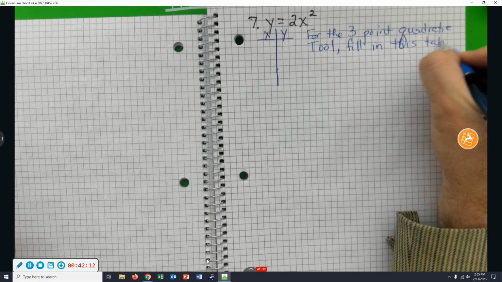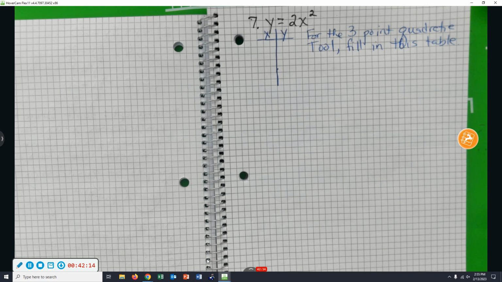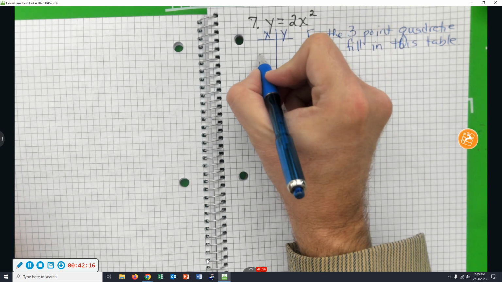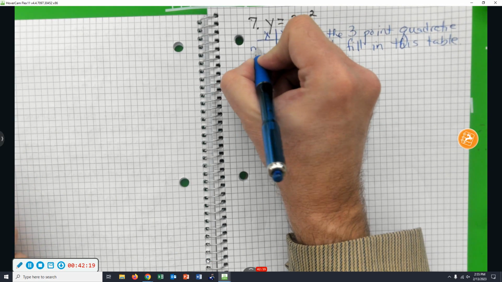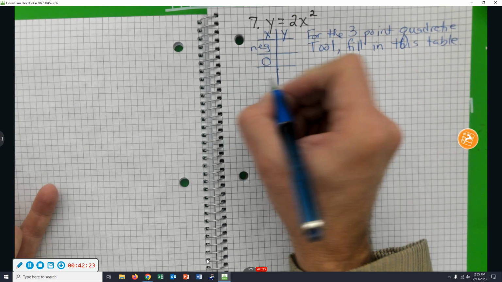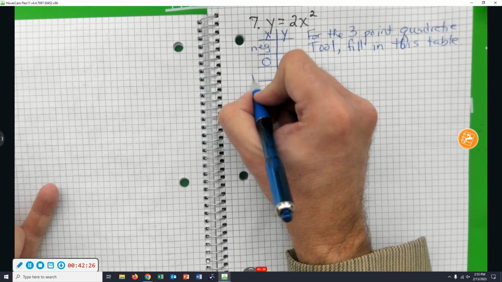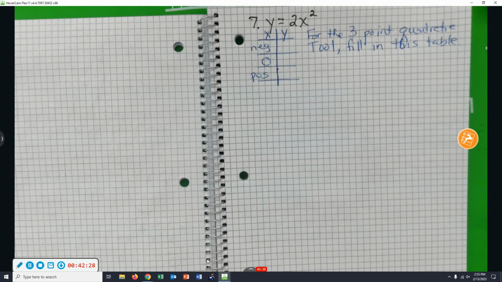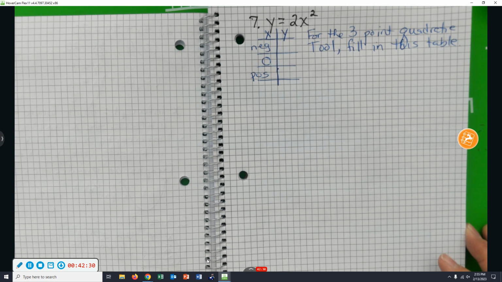It doesn't have to be -2, 0, +2. It could theoretically be plug any negative number you want in for x, then plug in 0, and then plug in a positive number. Now that's theoretically, but again, you got to make sure your numbers aren't so big that they're off the screen. You couldn't plug 1,000,000 in for x. You couldn't plug 100 in for x, because that xy axis is only between -10 and +10.